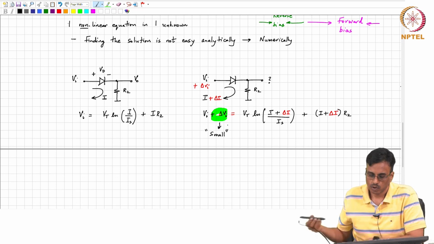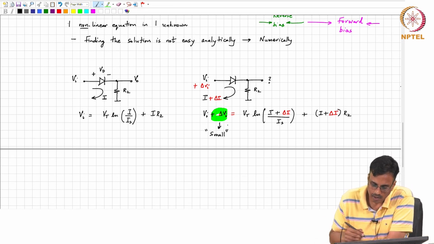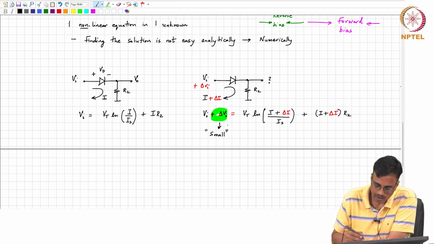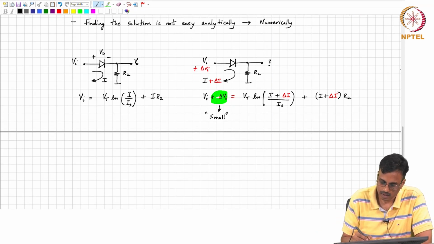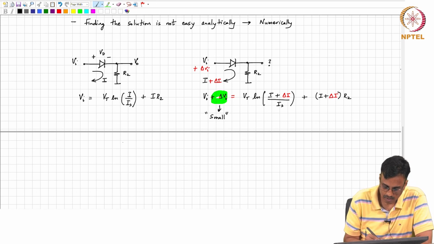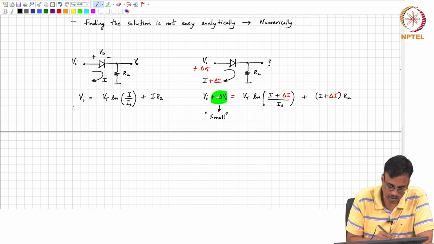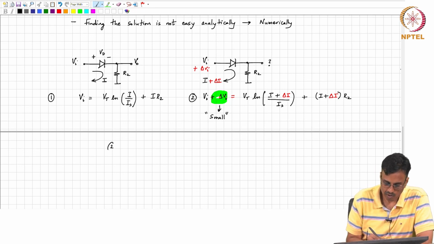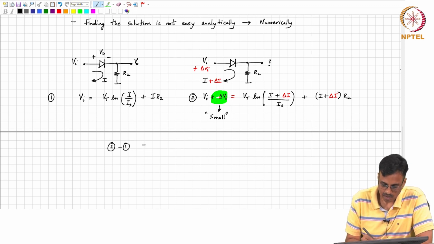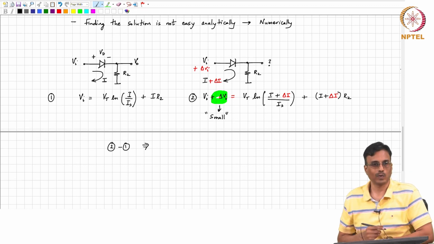Now, how do we figure this out? Well, if you look at this equation, let us call that 1, and if I call this 2, what does 2 minus 1 yield? 2 is valid, 1 is valid.